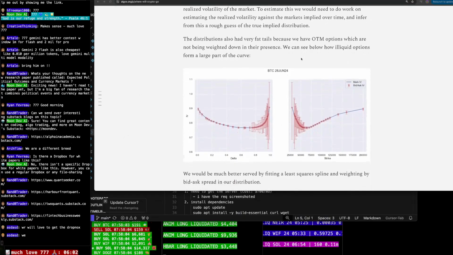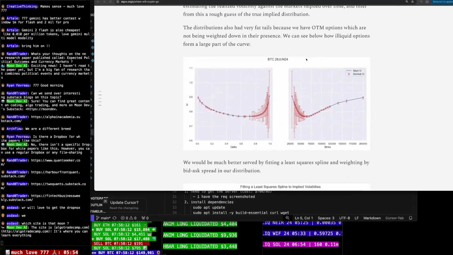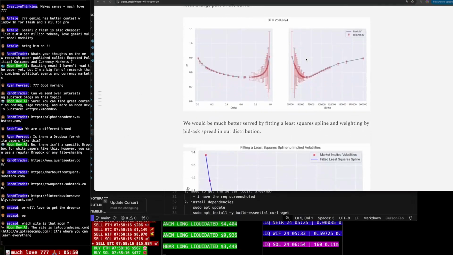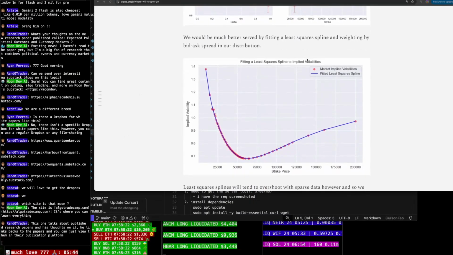The distributions also had very fat tails because we have out of the money options which are not being weighted down in their presence. We can see below how illiquid options form a large part of the curve. We would be better served by fitting a least squares spline and weighting by bid-ask spread in our distribution.